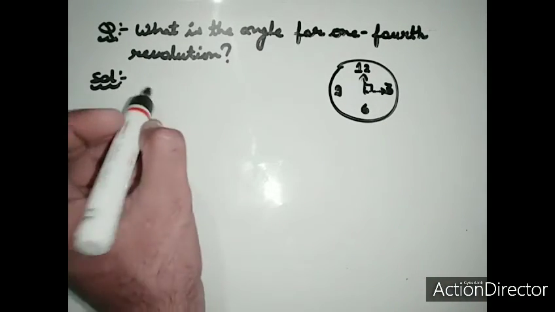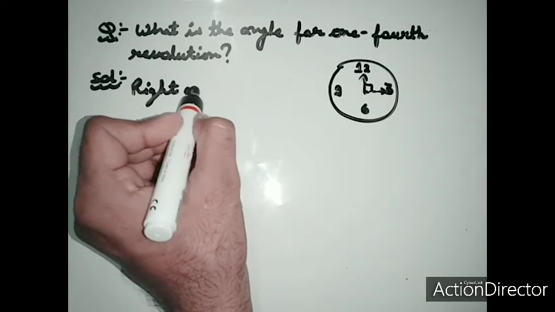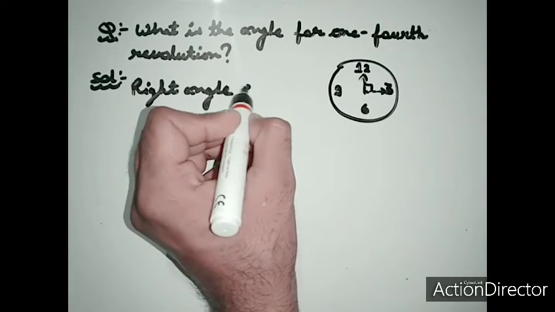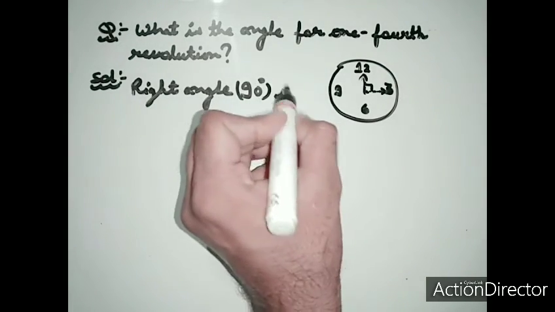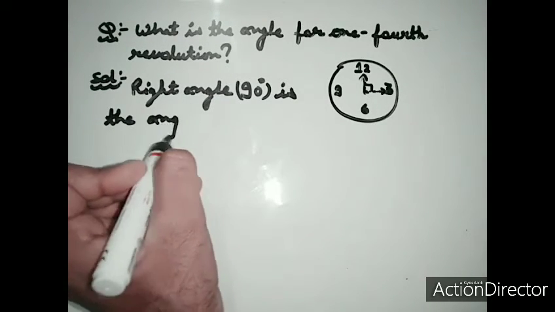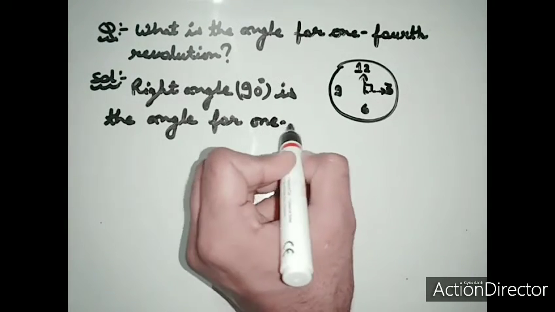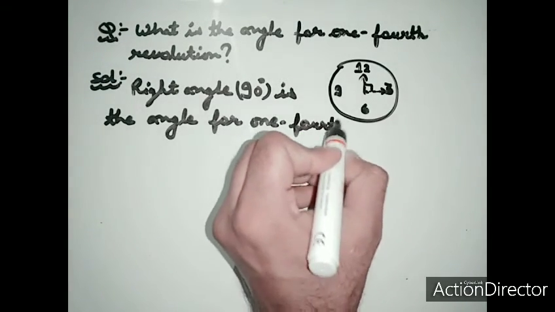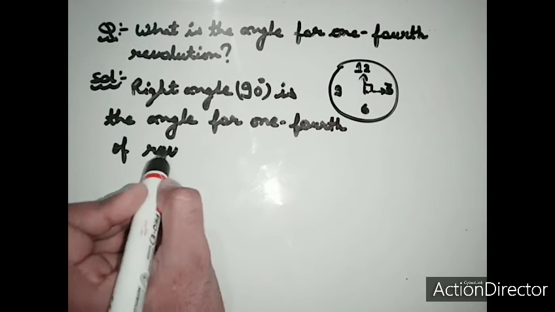So here we write right angle, 90 degrees, is the angle name for 1/4 of a revolution.